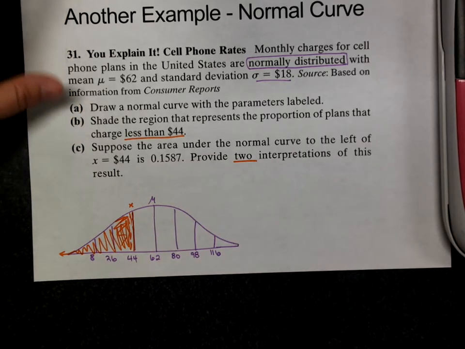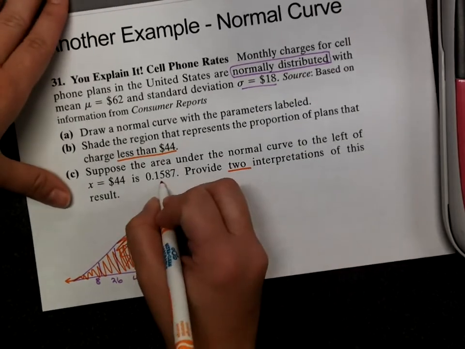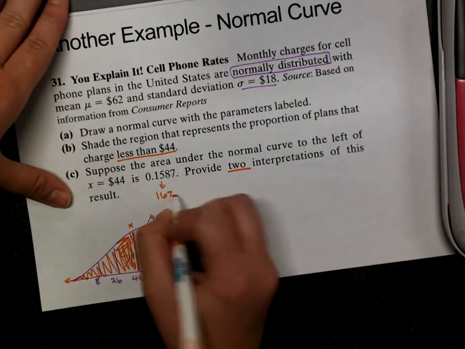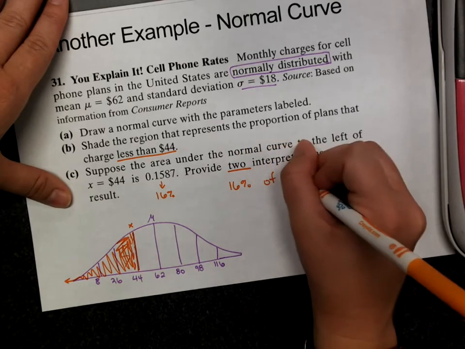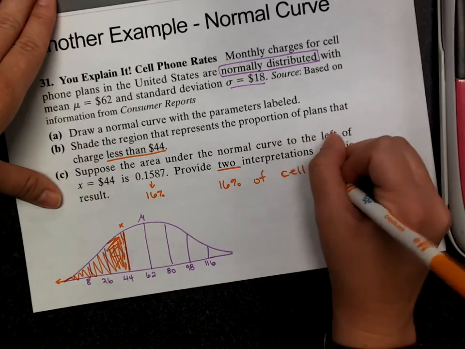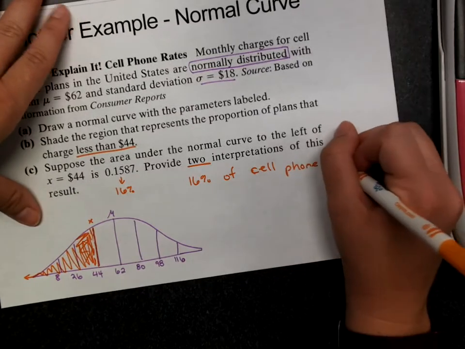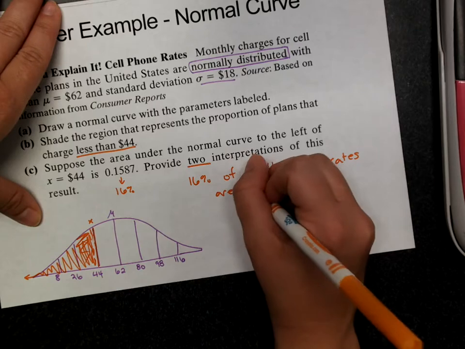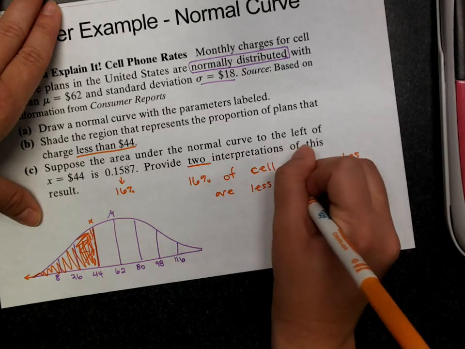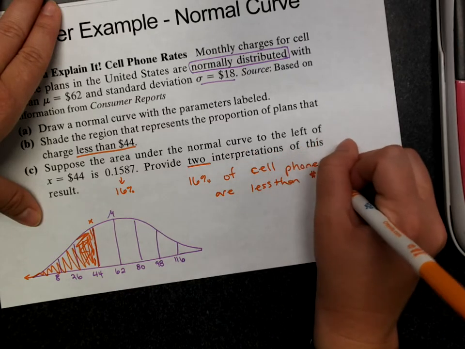The textbook gets a little creative with this. I would round this off to 16%. So I would say 16% of cell phone plans or cell phone rates are less than $44.